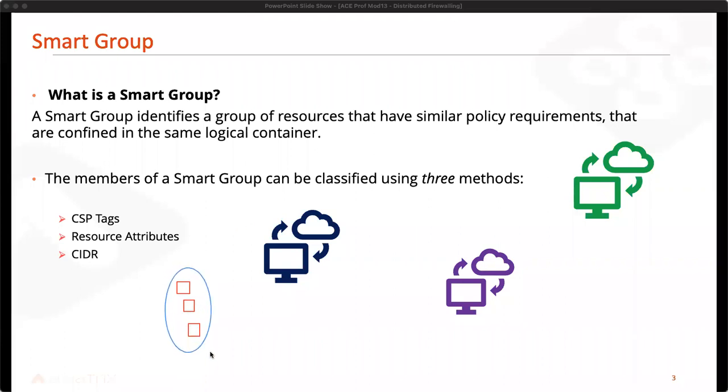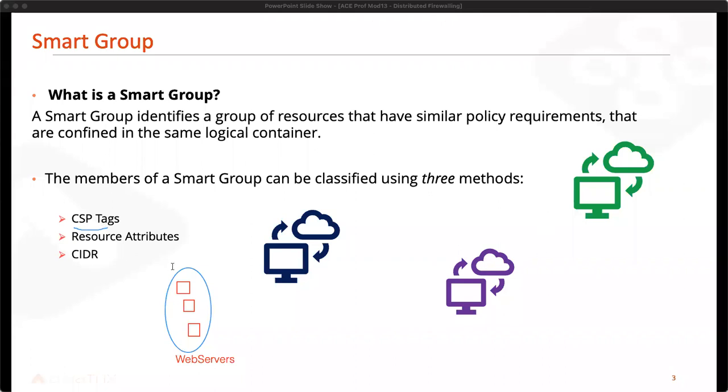I can group these 3 in a group that I call web servers. And most of the time, in the CSP, I am going to rely on the CSP tag in order to place the resources in their respective groups.